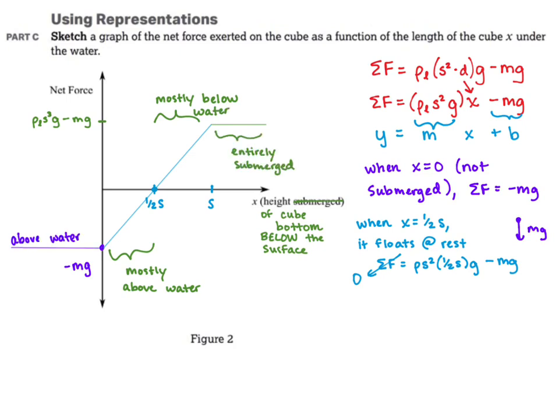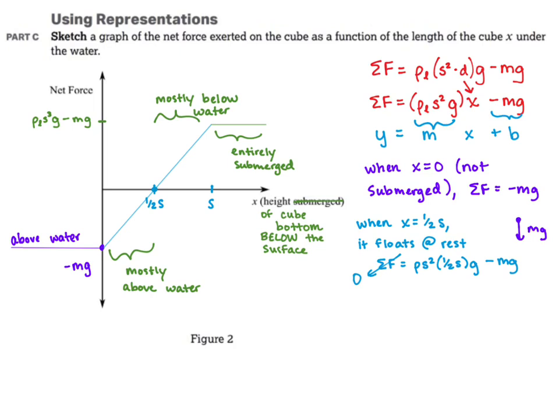I've labeled these regions here with where the cube is and the net force that the cube is experiencing. If it's above the water, it experiences negative mg as the net force. If it's mostly above the water, it experiences a net downward force.